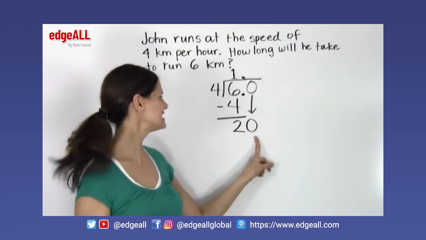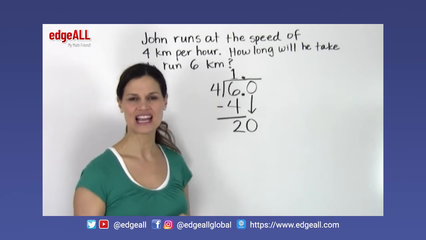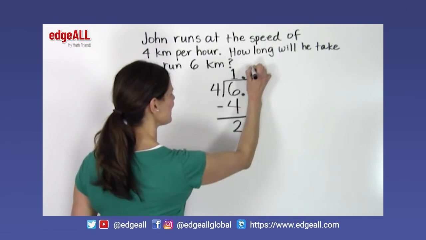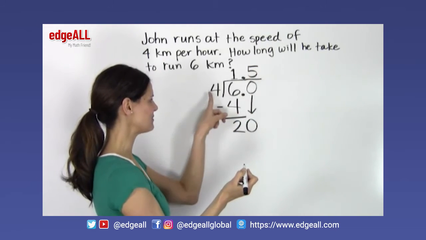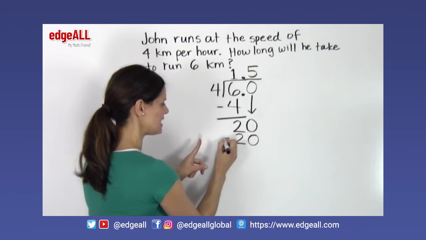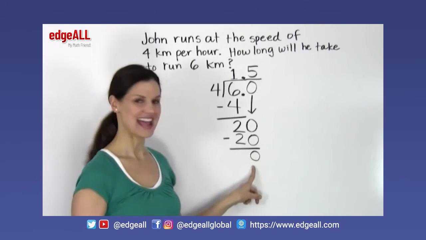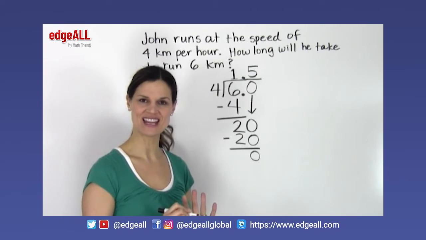And so I can simply do the division of 20 divided by 4 equals 5. And that 5 I place right up here in the quotient. And I know that 5 times 4 equals 20. I go ahead and perform that calculation. Subtracting 20 minus 20 equals 0.